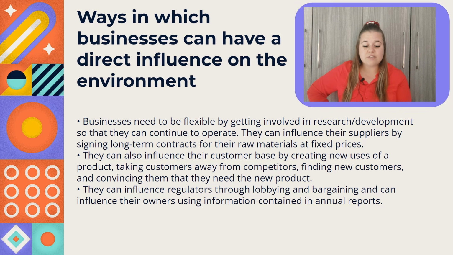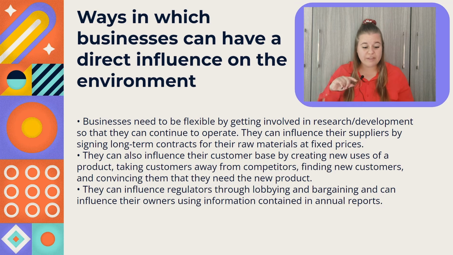They can influence their customer base by creating new uses for a product, taking customers away from their competitors, finding new customers, and convincing them that they have a need for this new product. They can influence regulators through lobbying and bargaining, and can influence their owners using information contained in annual reports.